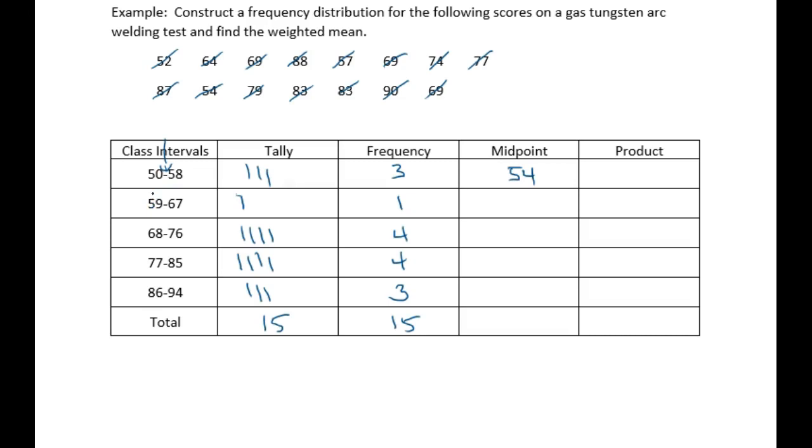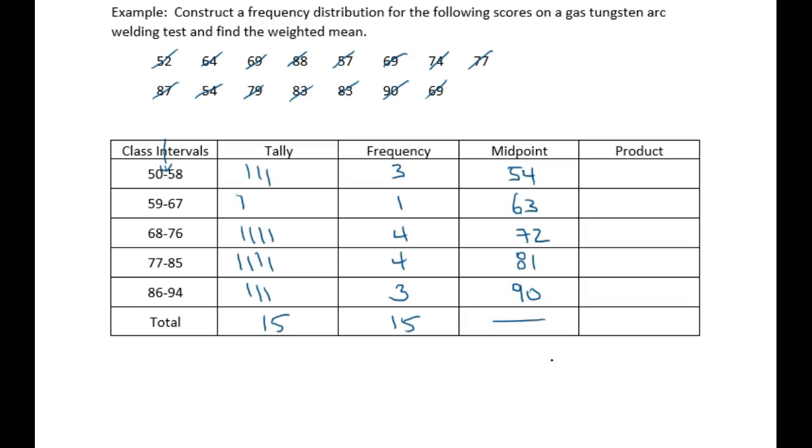Add up the next two, 59 plus 67 divided by 2, I get 63. Then 68 plus 76, I get 72. 77 plus 85, you get 81. And then 86 plus 94 divided by 2, you get 90. So you should see it going up by a consistent amount each time as you go through your midpoints.